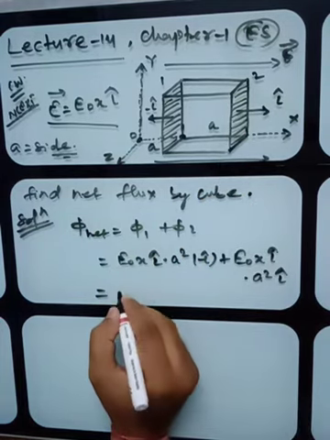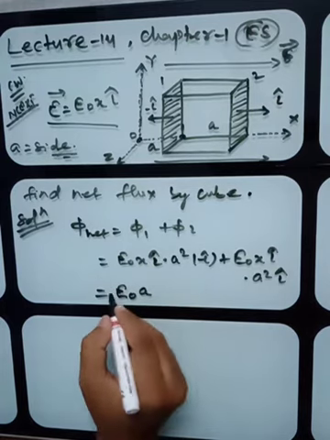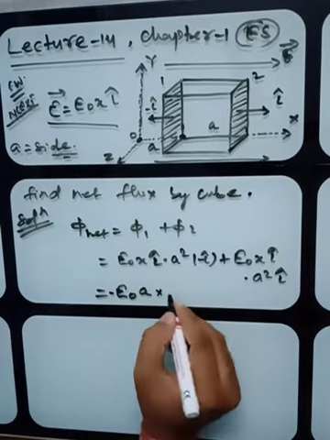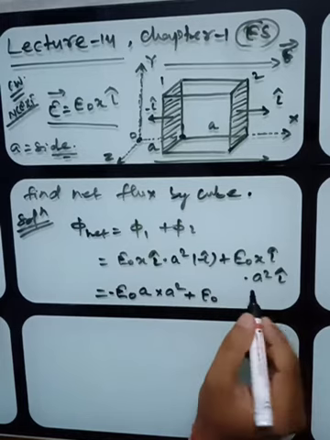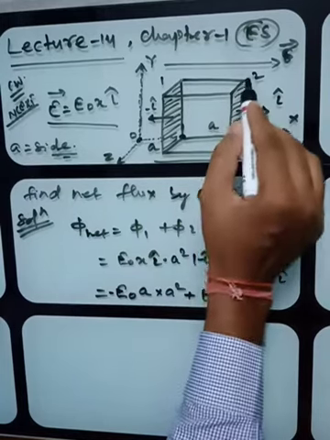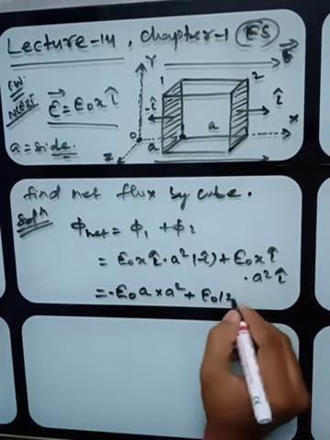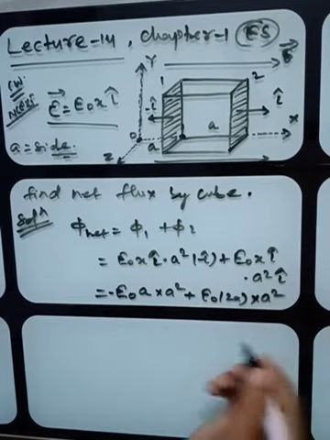So here I'm writing E naught A i dot minus i, it will be the minus, and a square. Plus, here the E naught x will be how much? For this face x is 2A, so it is 2A into a square, here i dot i is 1.